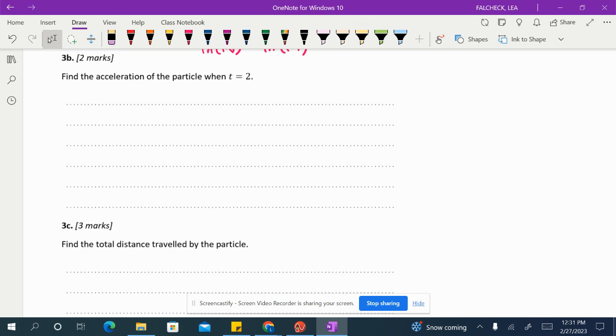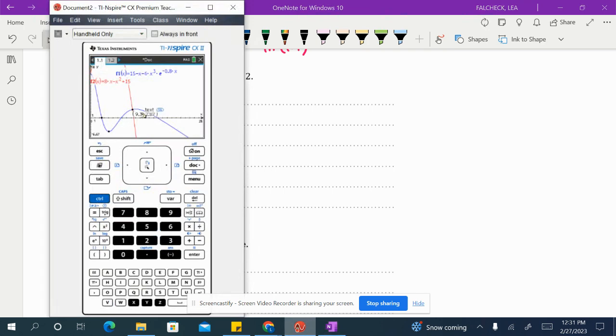Okay, so what we're going to do now is plug this into our calculator. All right, so I've got 1.4 to the power of x minus 2.7. Little graphy poo, here we go. And then it says find the acceleration of the particle when t equals 2.